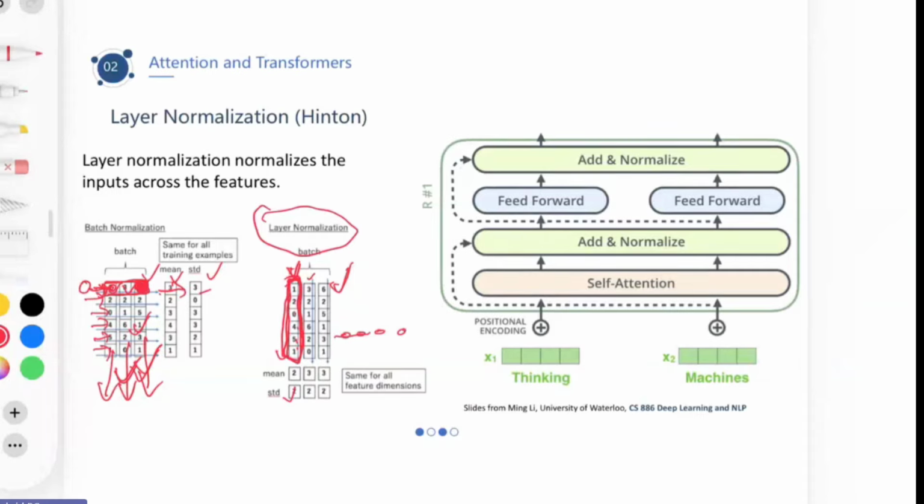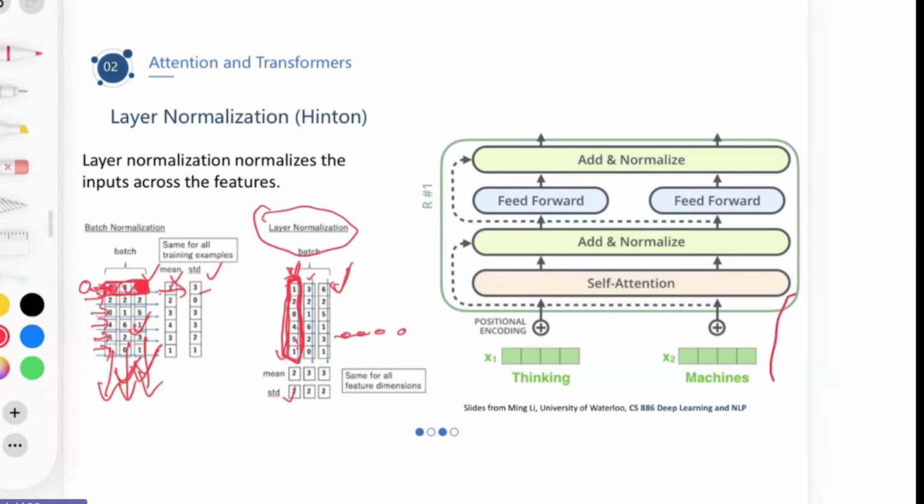So he has explained this in his lecture, and then people started to use it, and it worked very well in practice. Even in the transformer or in RNN, LSTM, people use it instead of batch normalization. So this is more helpful if you are dealing with RNN, LSTM or transformer.